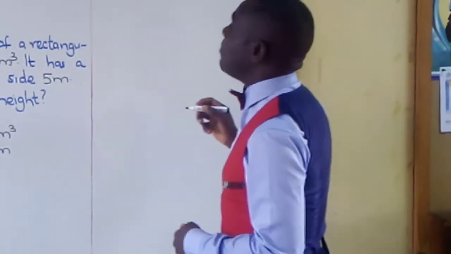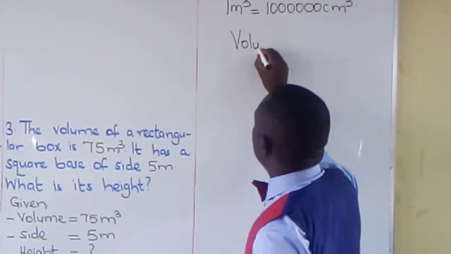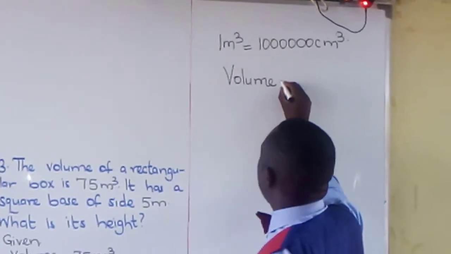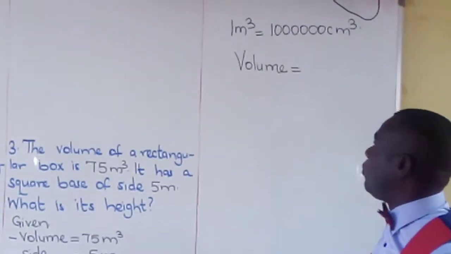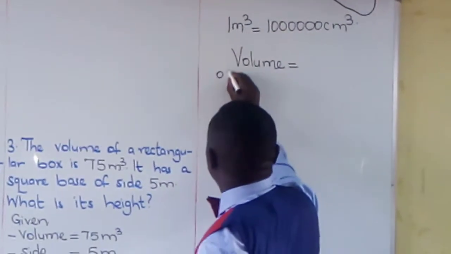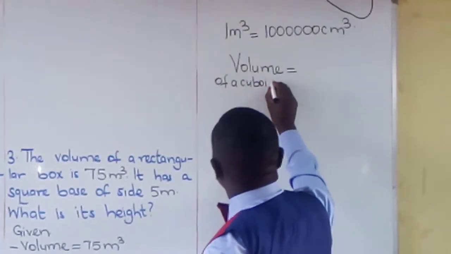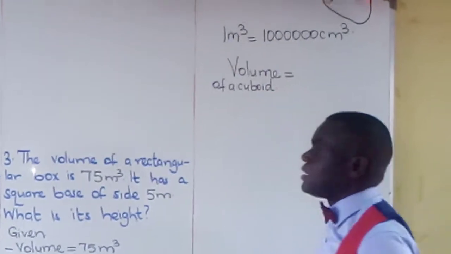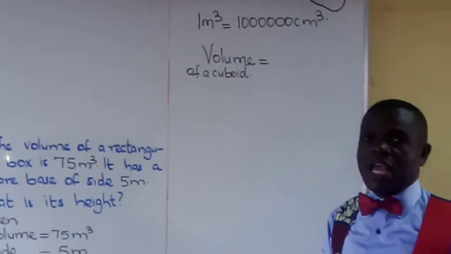We also remember the formula of finding volume of a cuboid. Let me write here: of a cuboid. A cuboid is the same as a rectangular box.